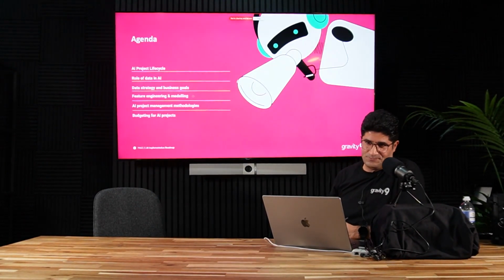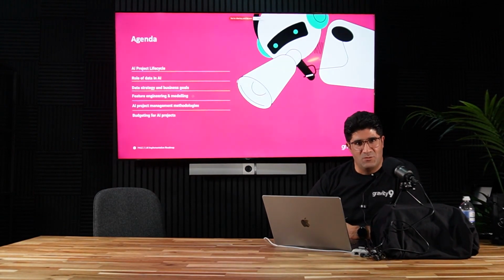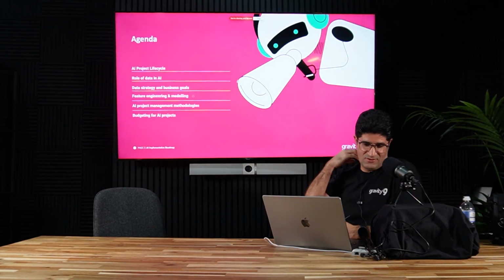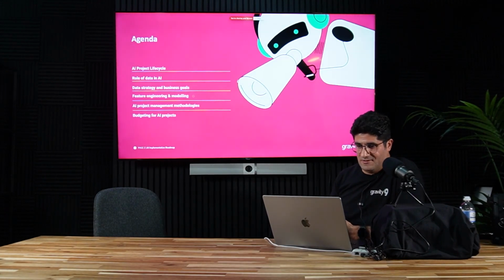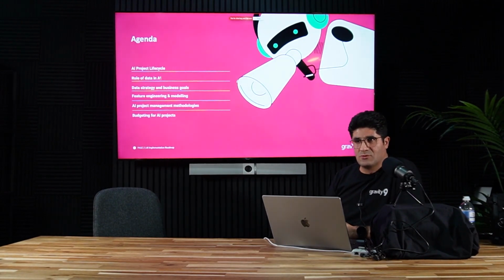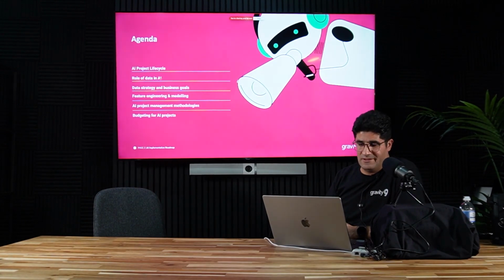So in fact, at the beginning, we will check the life cycle of an AI project from the beginning to the development, and then we try to understand the role of AI and the impact of the availability of data and how data can impact the AI system.